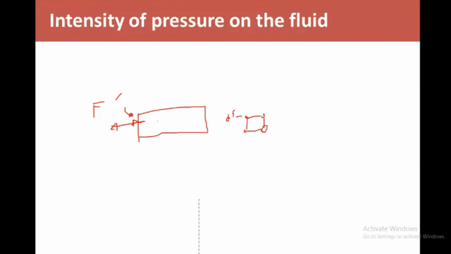Under this tensile force, these molecules or atoms will try to move away from each other. So on this molecule there will be two types of forces. One is the applied force, which wants to move the molecules away from each other, and second, some attraction will be there, which will try to resist this force.